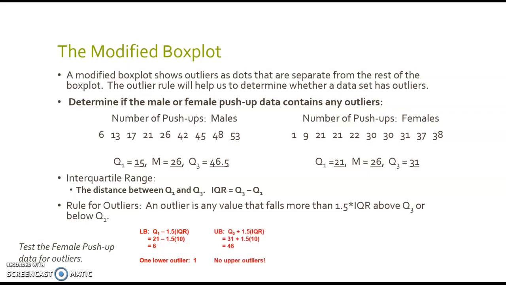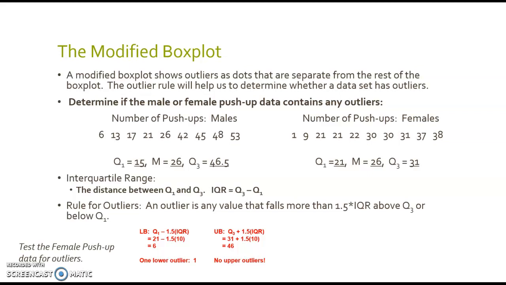Now the upper boundary is found by taking the same value, 1.5 IQRs or 15, and adding it to the right side of the box, which is quartile 3. In the females, that was 31. So 31 plus 15 is 46. Well, the highest number of push-ups that any female was able to complete was 38. So that's not above the upper boundary.